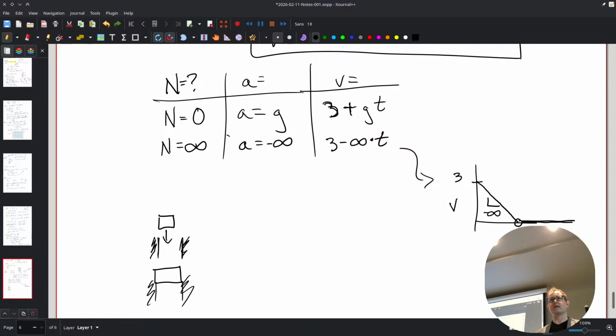So now, choosing a normal force, what do we know about acceleration here? Is there anything that we can say about it? Is it a function of position?